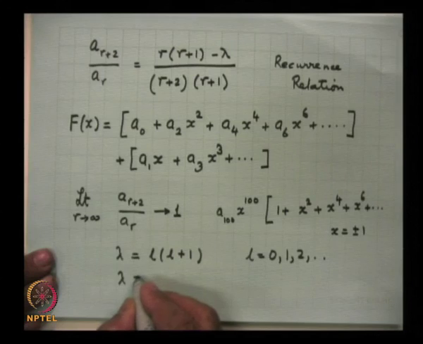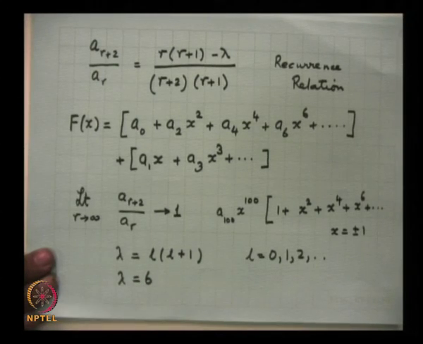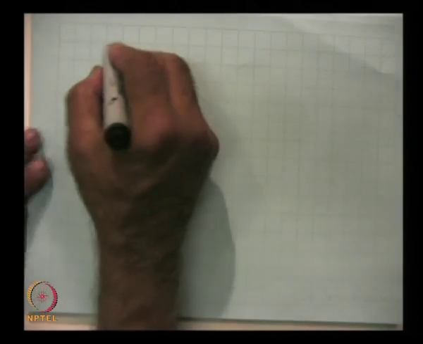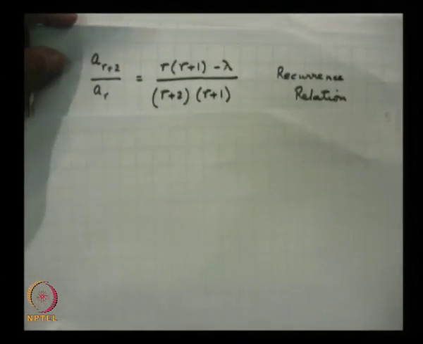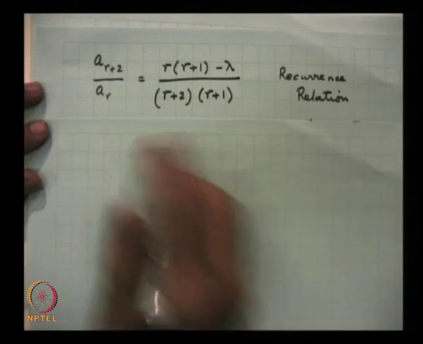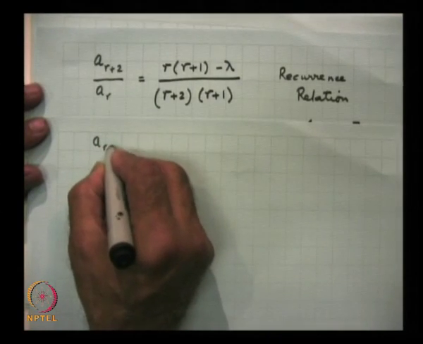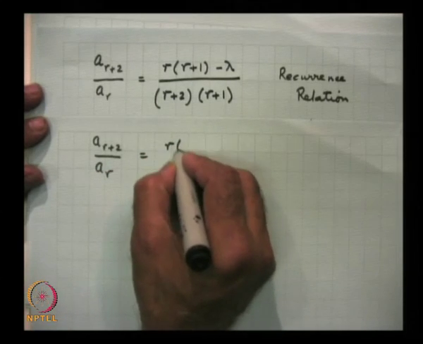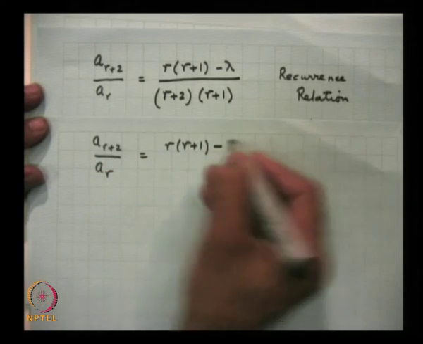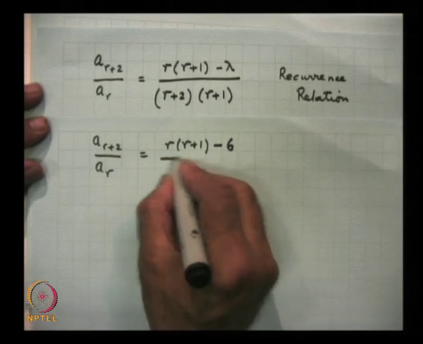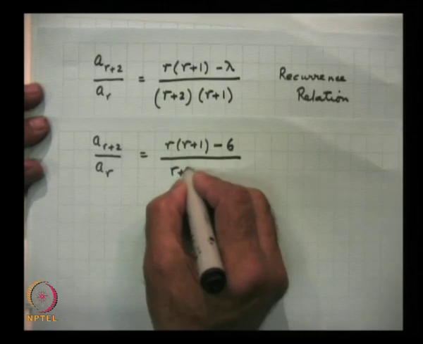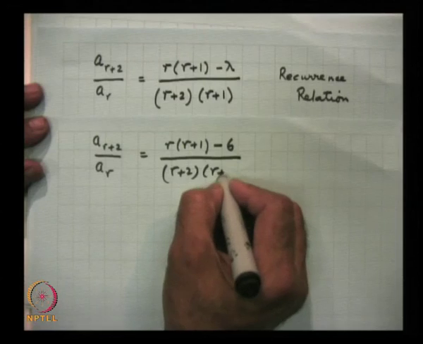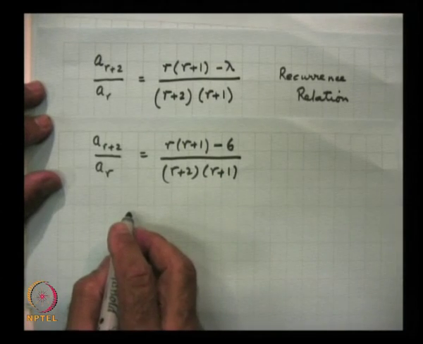So, lambda is equal to 6, and we will have a r plus 2 divided by a r is equal to r into r plus 1 minus 6 divided by r plus 2 into r plus 1, and let me take just the even series.